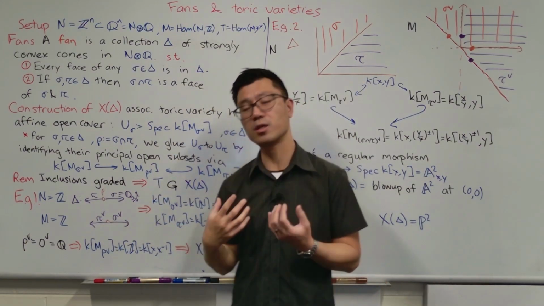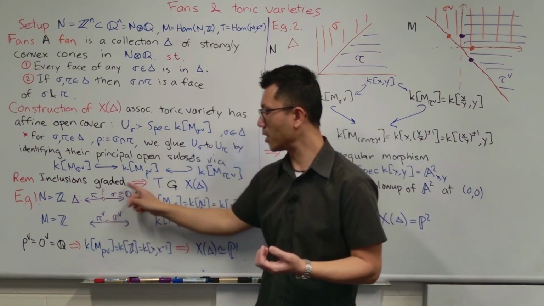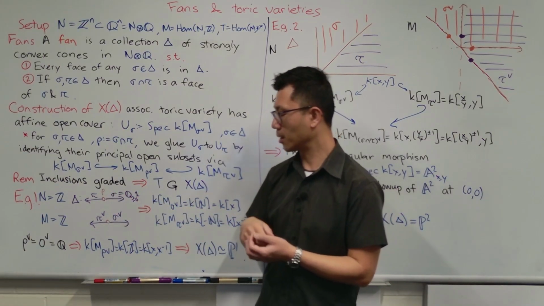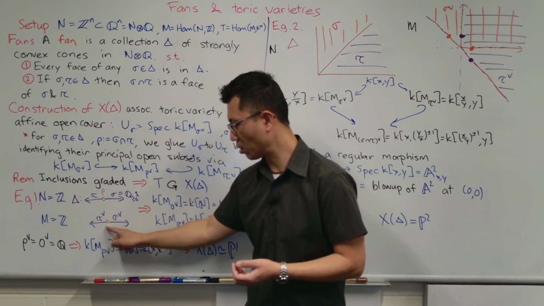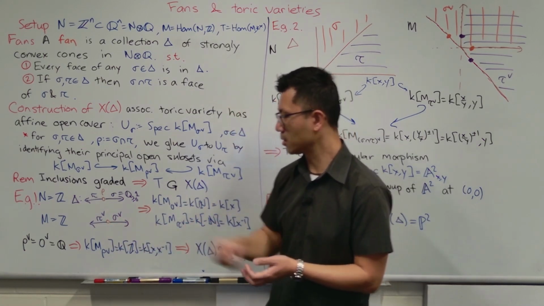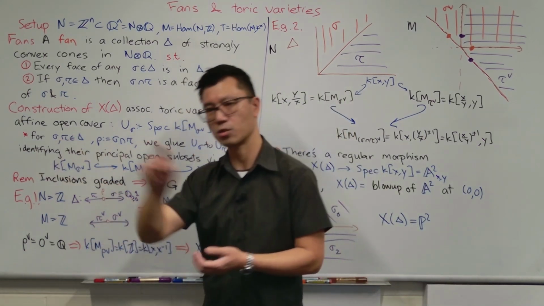Sigma check is just all those things such that when you multiply with anything inside sigma, it becomes non-negative. So that's also just the non-negative rationals. And similarly, tau check is just the non-positive rationals.